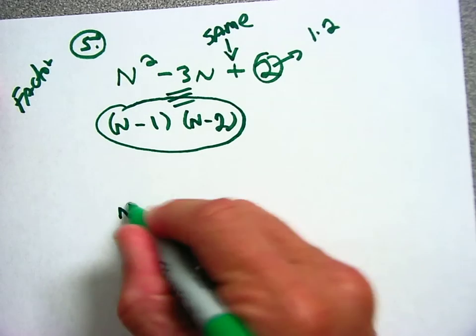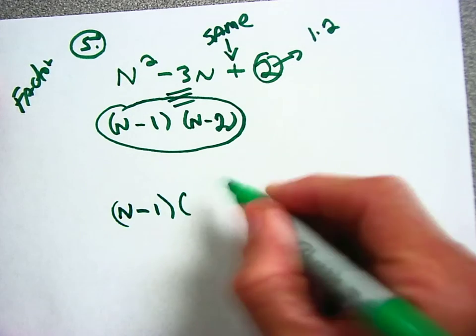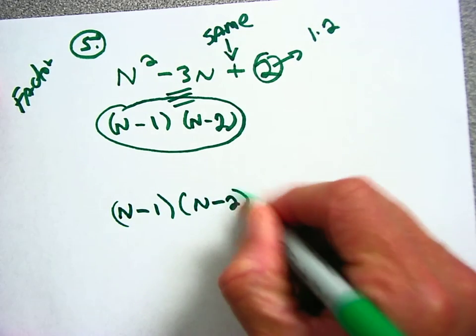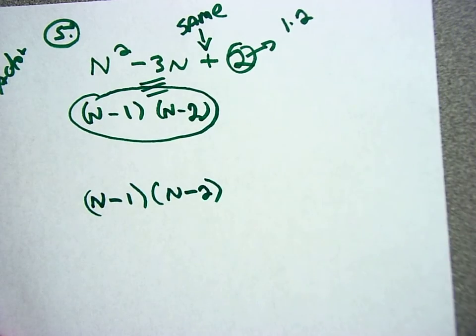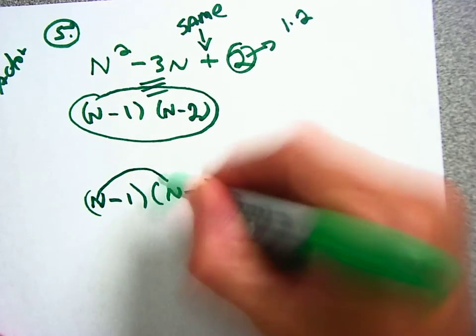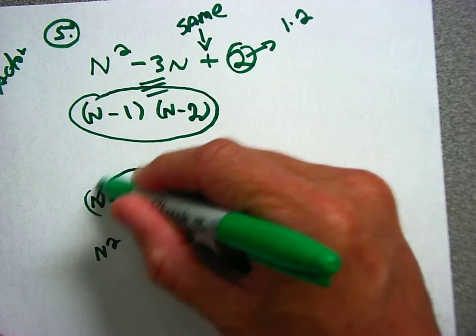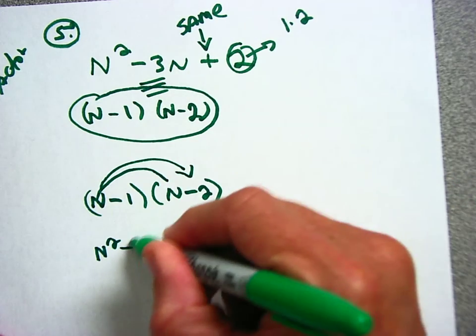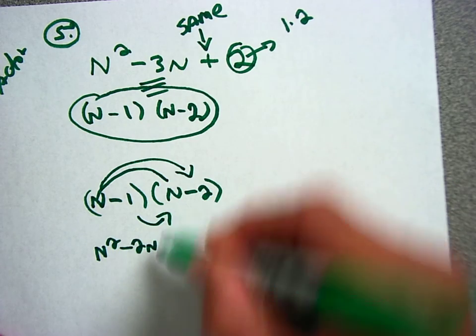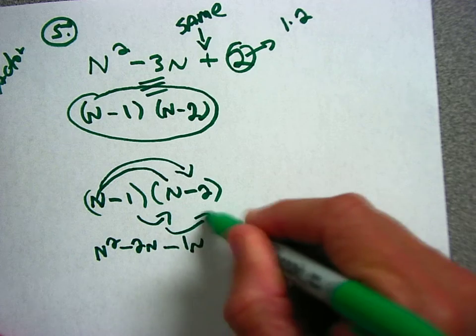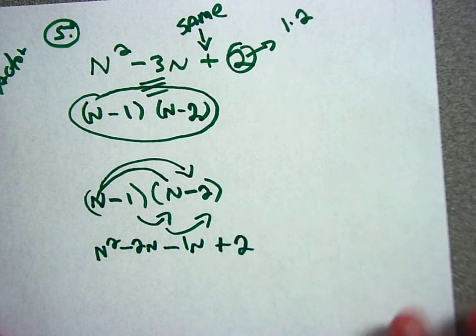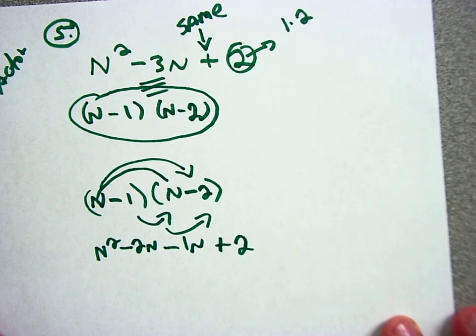So what I want to do is FOIL this out, multiply it out, and let's just see if you guys see what we're doing. We're just going backwards, basically. So n times n is n squared. N times negative 2 is negative 2n. This is negative 1n, and then this is positive 2. We're good so far? Okay.